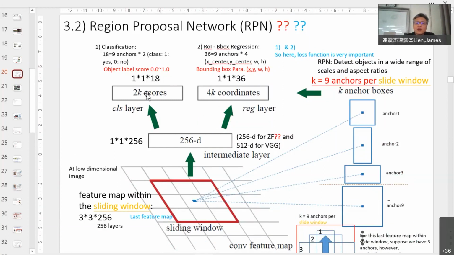They also try to classify the foreground as 1 and the background as 0. Pay attention to this.